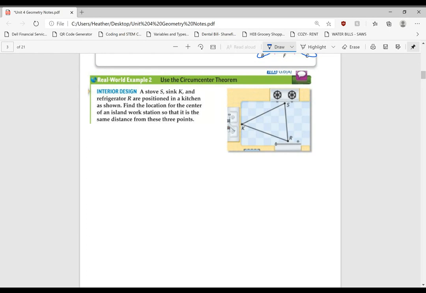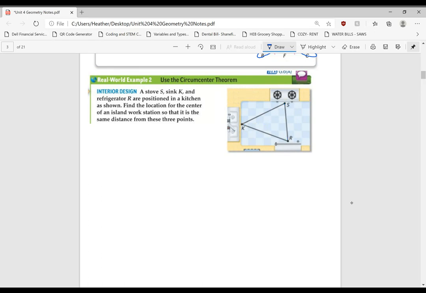So what we're going to do is draw a line, and it says use a ruler, which I don't necessarily have with me, but we're trying to make all of these distances equal. Once we do, whatever is the center is where our island is going to go, and let's call that island C. And all of these are perpendicular.